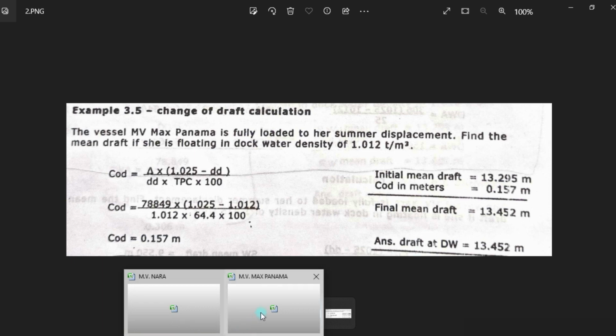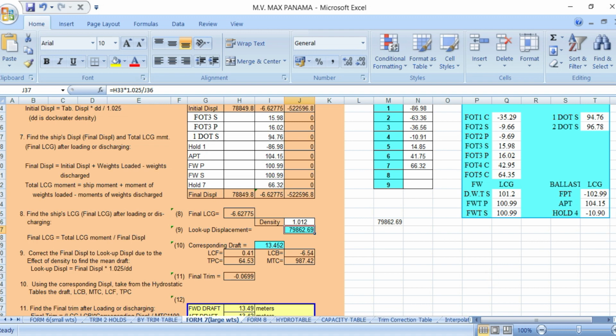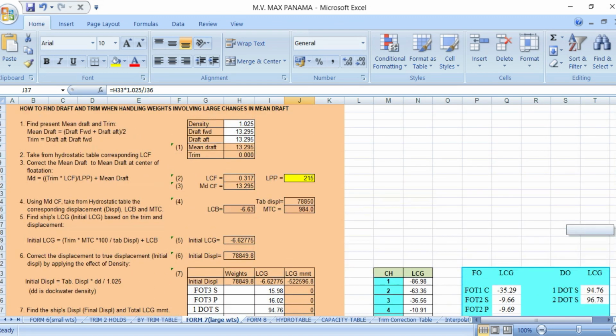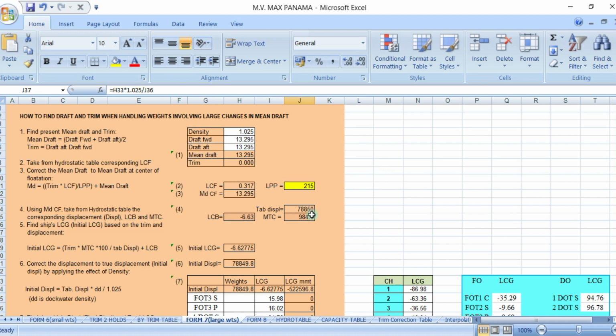What is our Panamax? Our departure draft or the summer draft was 13.295, forward and aft, which is a mean draft of 13.295. The density of 1.025, because this is the maximum summer draft, so this is in saltwater.